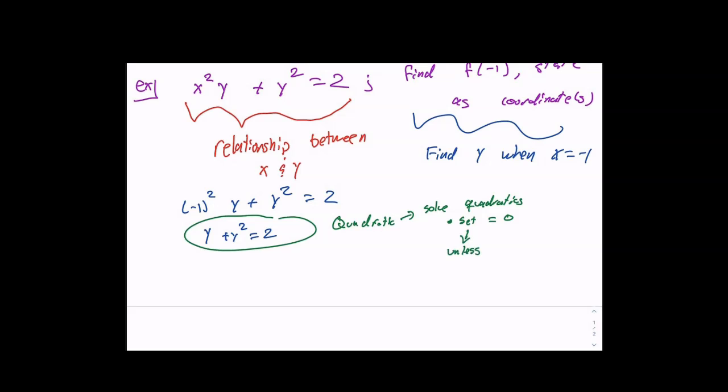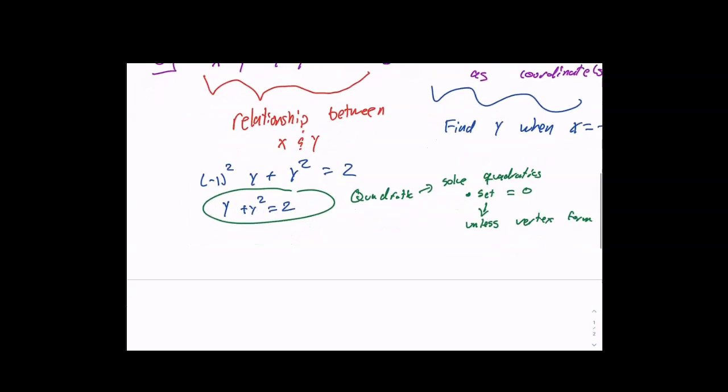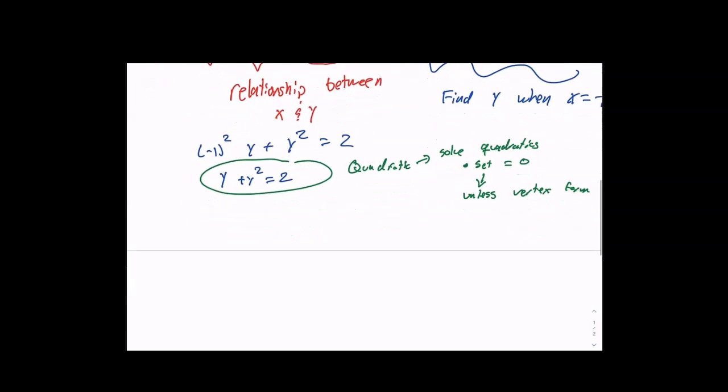Unless it's vertex form. We'll get into those ones. Those are the real special ones where you can just do the algebra when you don't see y and y squared. So doing that, I get y squared plus y minus 2 equals 0.